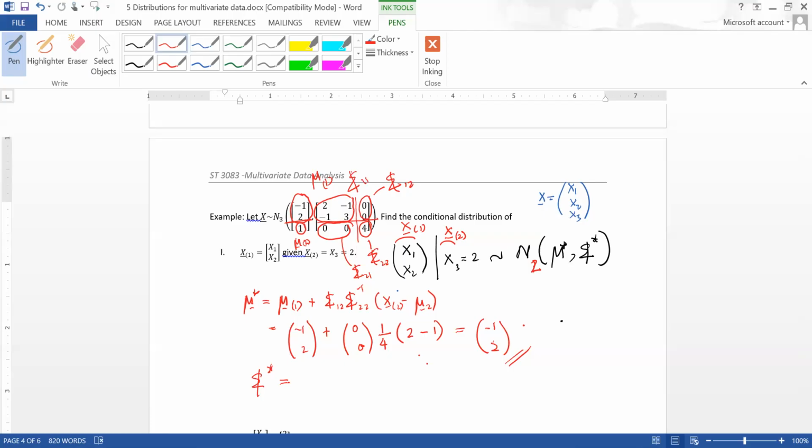So my mu within bracket 1 is the mean part of x1, x2, so minus 1, 2 likewise. So now sigma star, you can keep calculating.